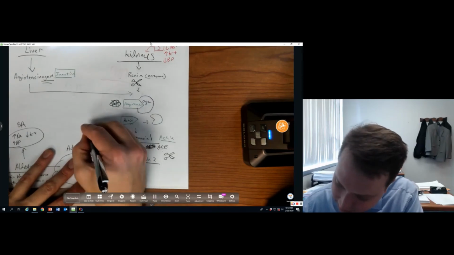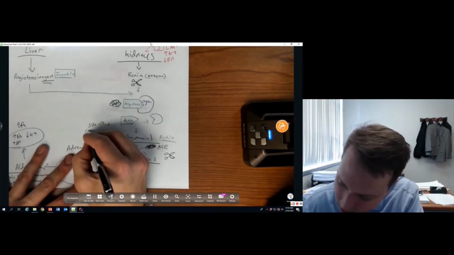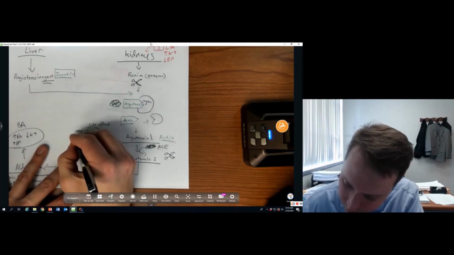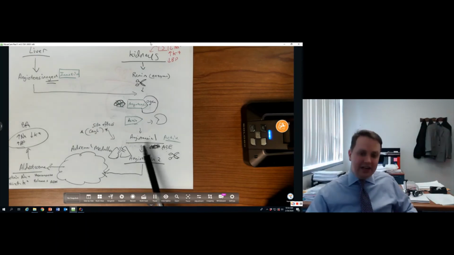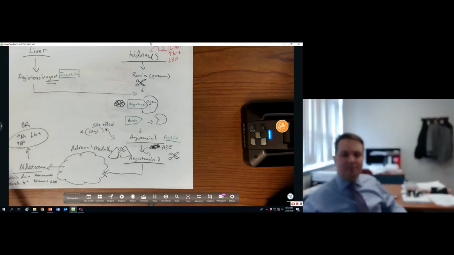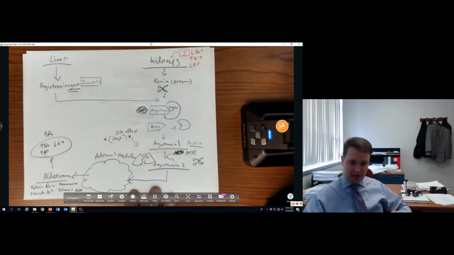The side effect, you will see, is a cough. This chemical reaction actually happens in the lining of the lung, starts to irritate it, and you'll get this persistent cough. That is actually why.